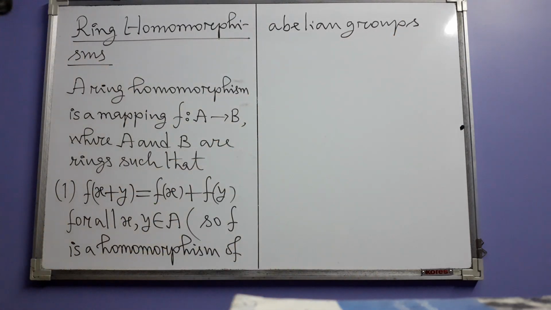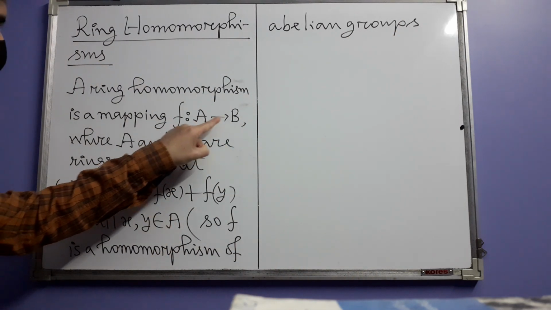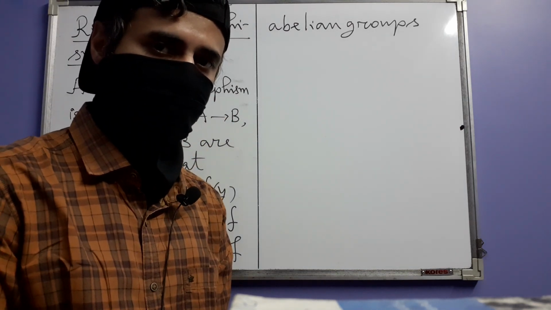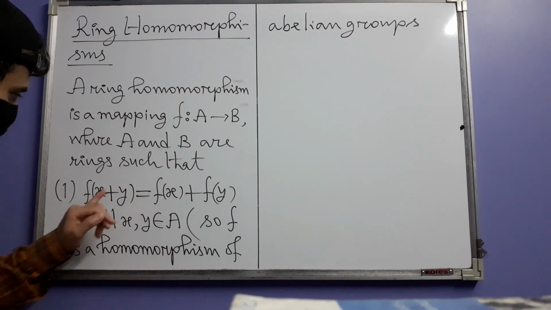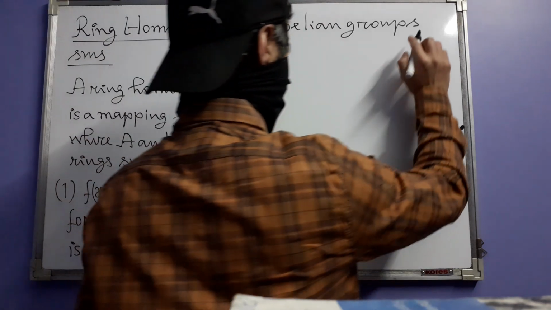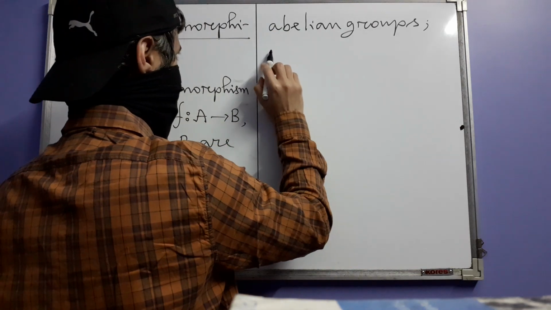Which abelian groups? The abelian groups A and B under addition, because being rings they are also additive abelian groups.